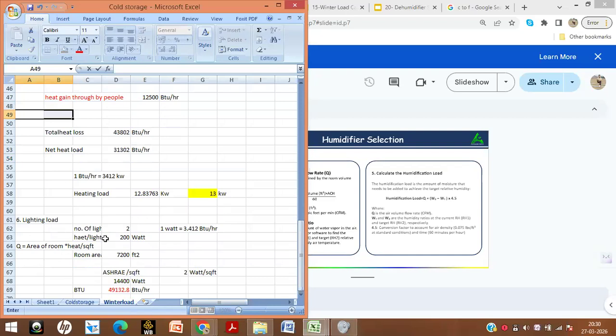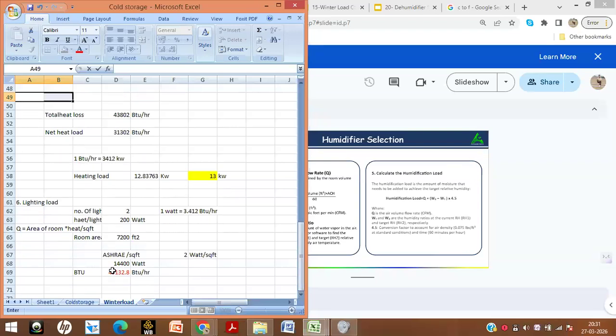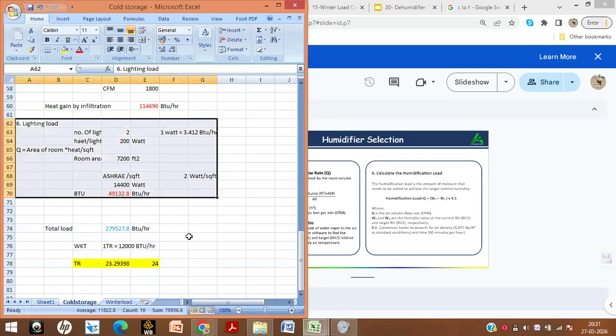Just for an example, if two lights are available with a heating load of 200 watt, then as per the standard, per square foot area will be 2 watt. Based on that, how much heat will get calculated, just a second.